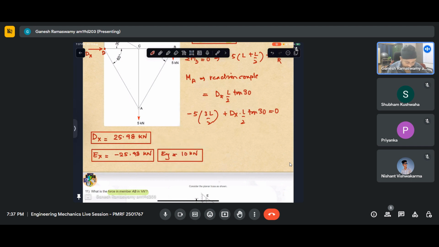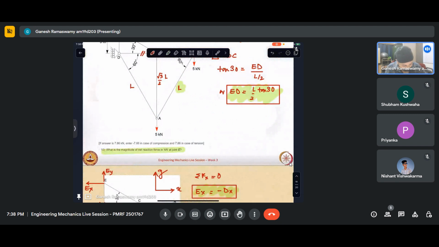Now that we know this, the magnitude of reaction at E will be root over of this, which comes to 27.84 kilonewton. So we were asked, this came to 27.84 kilonewton. K small. Yeah. Okay.